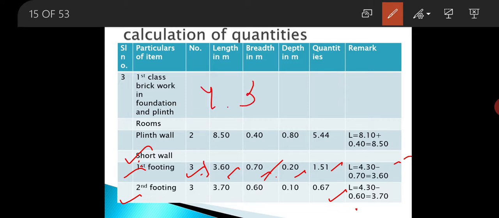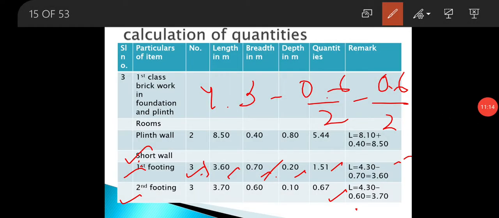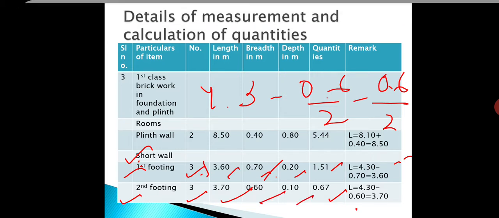That means from 4.3, subtract 0.6 by 2 and 0.6 by 2. So this will be equal to 3.7. Breadth is 0.6, depth is 0.1.